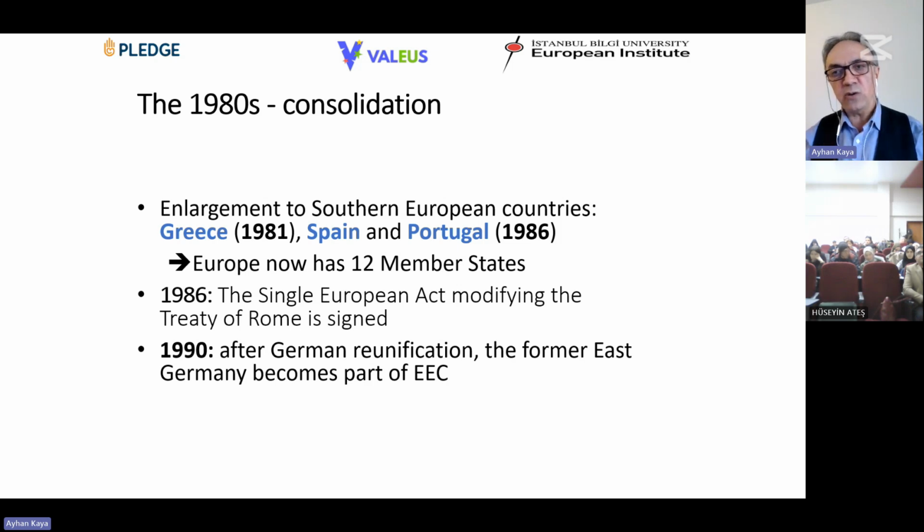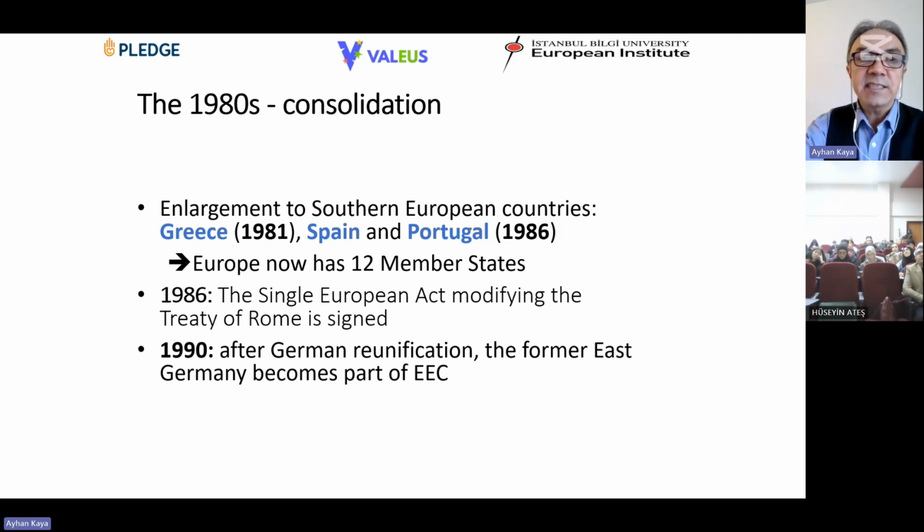The EU doesn't appreciate all these military coups, all these anti-democratic developments in any country, even in their own member states. So in 1981, Greece became a member. In 1986, Spain and Portugal joined the European Union. Now we talk about a European Union or European Community of 12 member states.